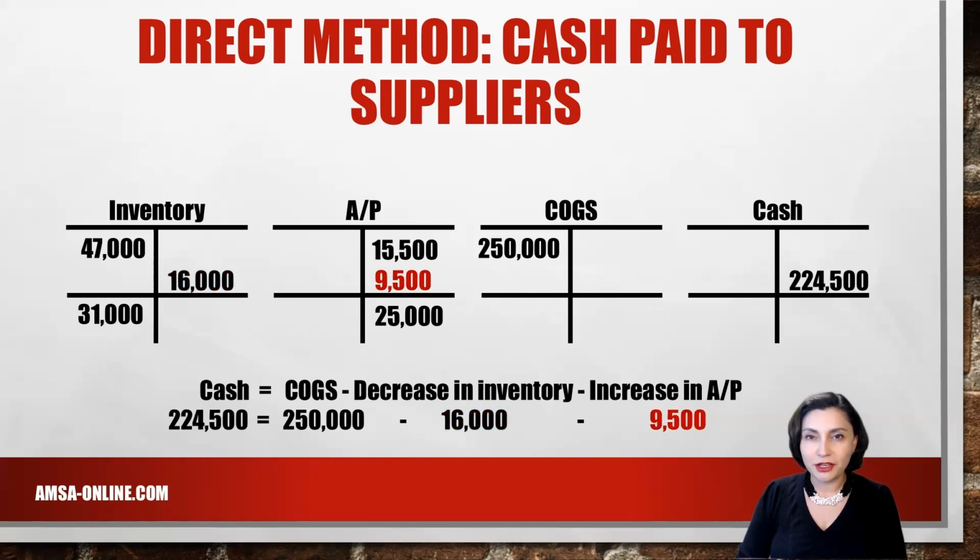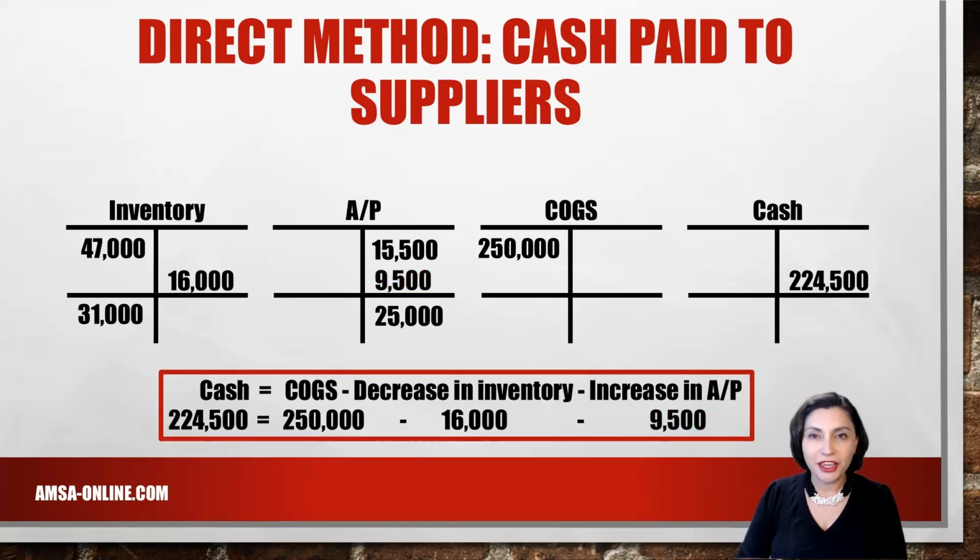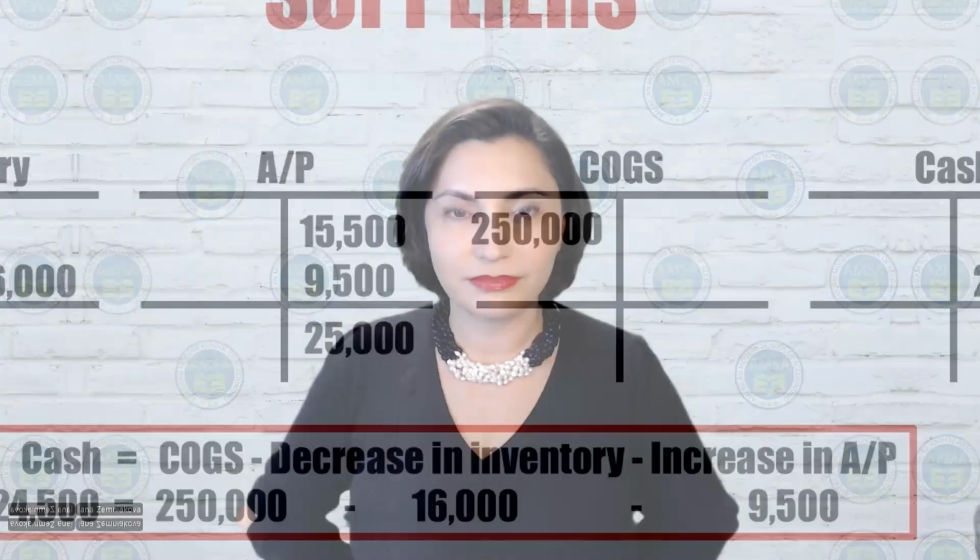The increase in accounts payable is also the difference between the beginning and ending balances. The increase is on the credit side because accounts payable is a liability account and liabilities increase by credit. Cash paid to suppliers equals the cost of goods sold for the year minus the decrease in inventory and minus the increase in accounts payable.